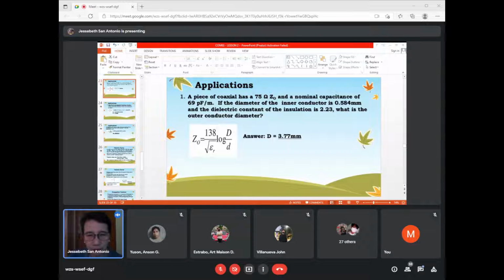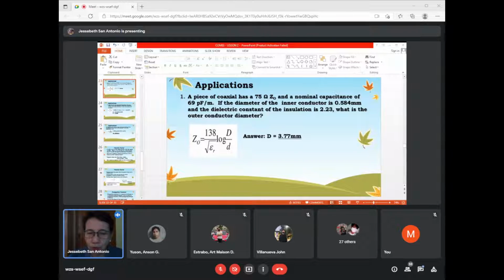dielectric constant is air. Eh, ano pong gagamitin, ma'am? In case na air, the dielectric constant of air is 1. So medyo mamomodify na naman ito, mawawala yung square root dun sa ilalim.